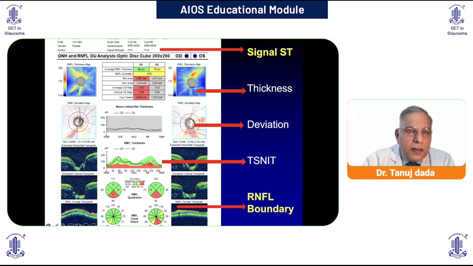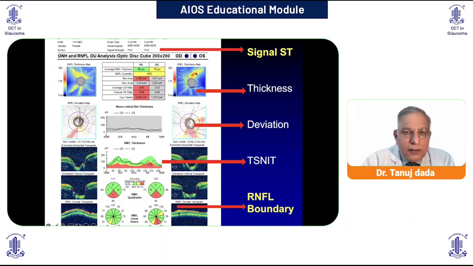Yellow here, there is a blue zone here. Then compare right versus left. Here you can see loss in the inferior part of the right eye. So there is a blue zone here, and see whether it matches with the deviation map. So both these are matching. The blue RNFL defect between this yellow area matching concurrently with the deviation map. So that is important to pick up the thickness map.